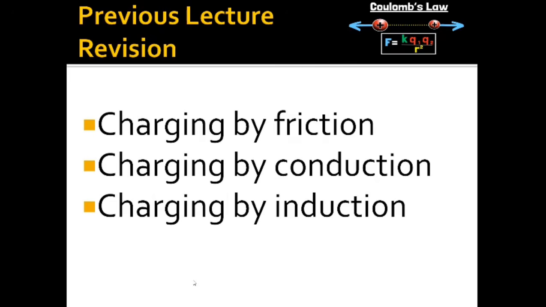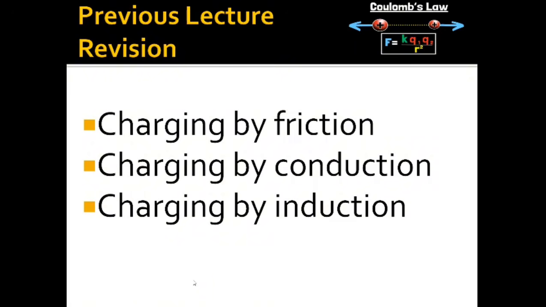But before then, let's look at the revision of our last lecture. In our last lecture, we treated methods of charging a body. And you remember we said that there are 3 primary methods of charging a body. Number 1 is the method of friction. In the method of friction, 2 insulating bodies come together, rubbing themselves, and both will get charged in opposite form.